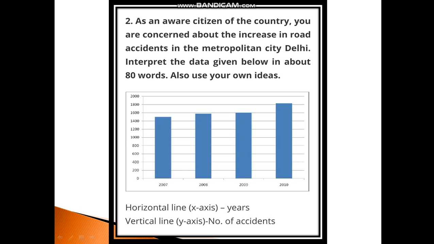In 2009, it was about 1600, and in 2010 it was more than 1800. So it's growing. The number is growing since then, since 2007. So you just analyze and interpret this bar graph and just write an analytical paragraph in about 100 to 120 words.